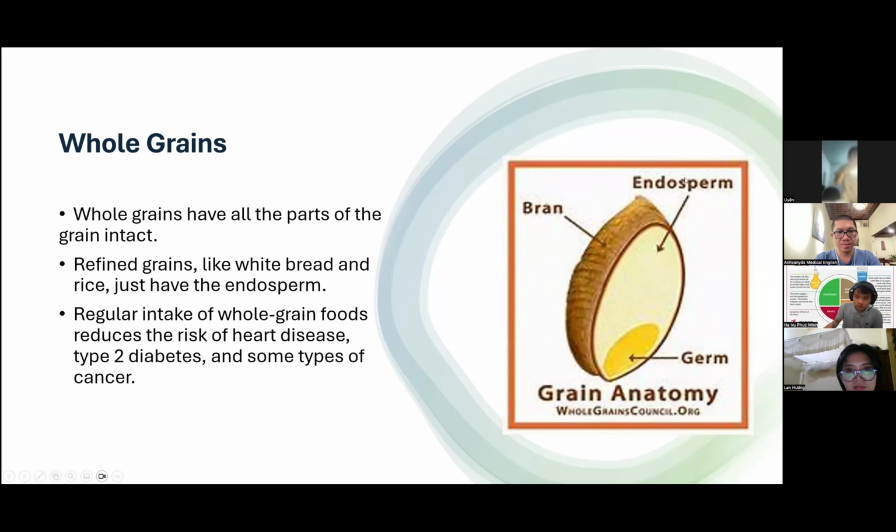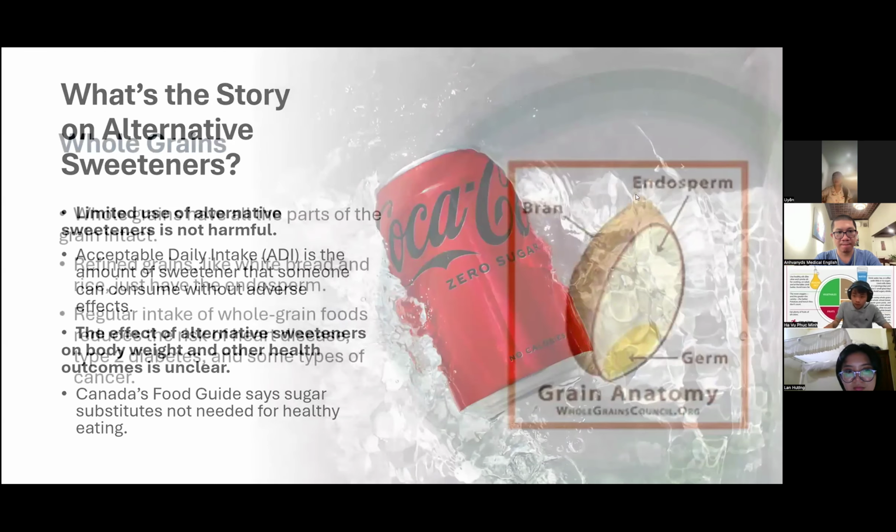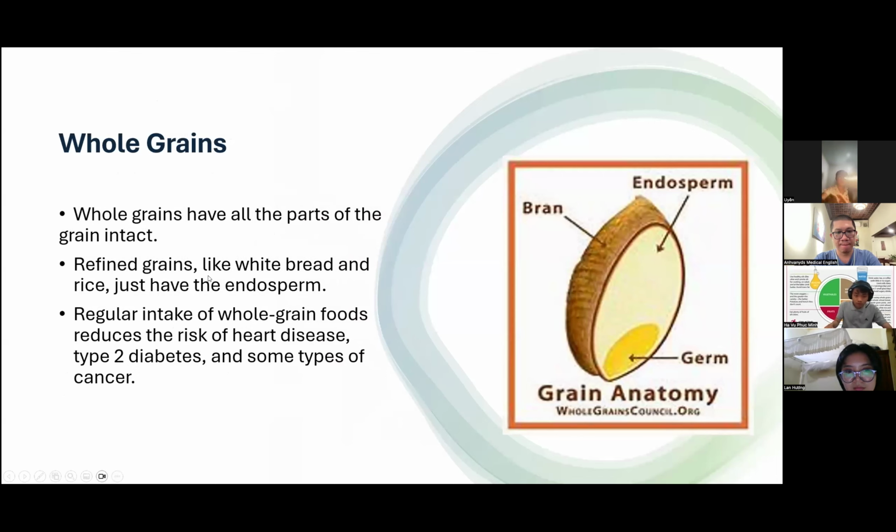Above we see the endosperm, and this is bran, and this is germ. So whole grains have all the parts of the grain kernel. Refined grains like white bread and rice just have the endosperm. Regular intake of whole grain foods reduces the risk of heart disease, type 2 diabetes, and some types of cancer. That's the whole grains.